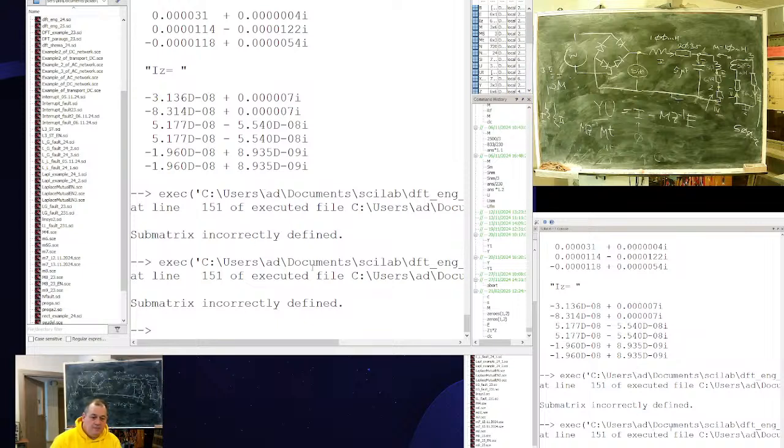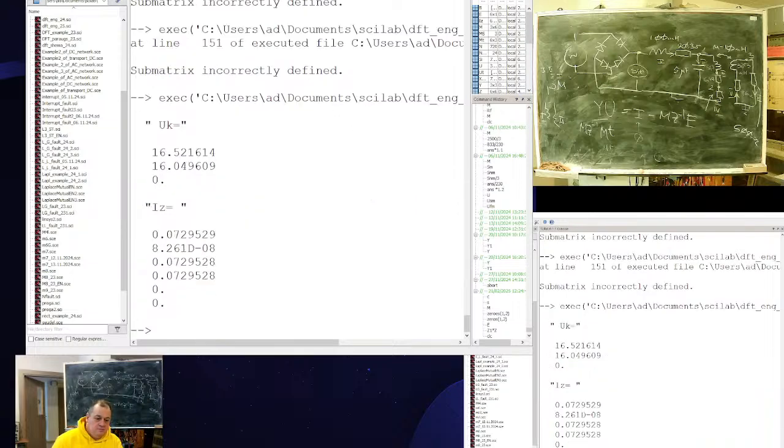This will work. And this will work. I don't need this at all. 16 volts, and we have a peak of 14 point.